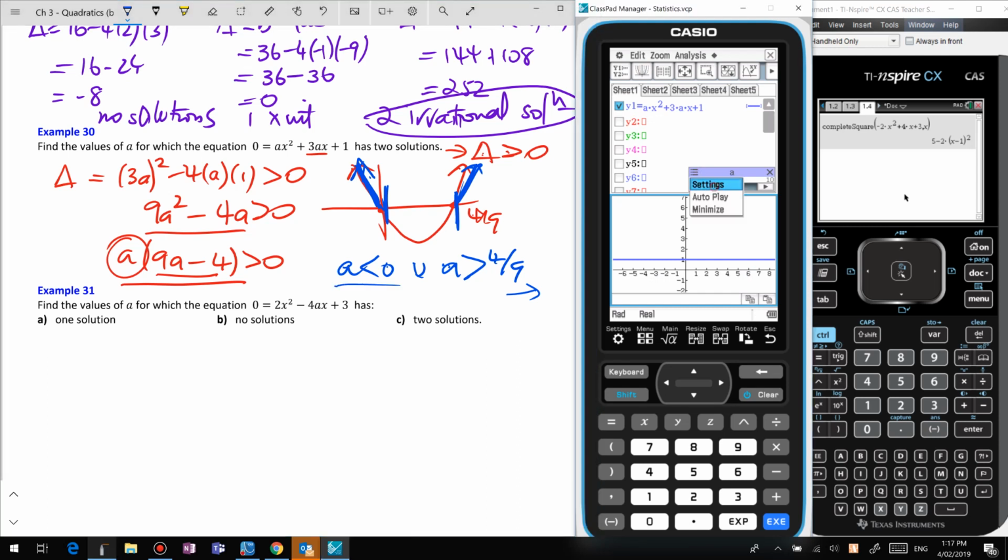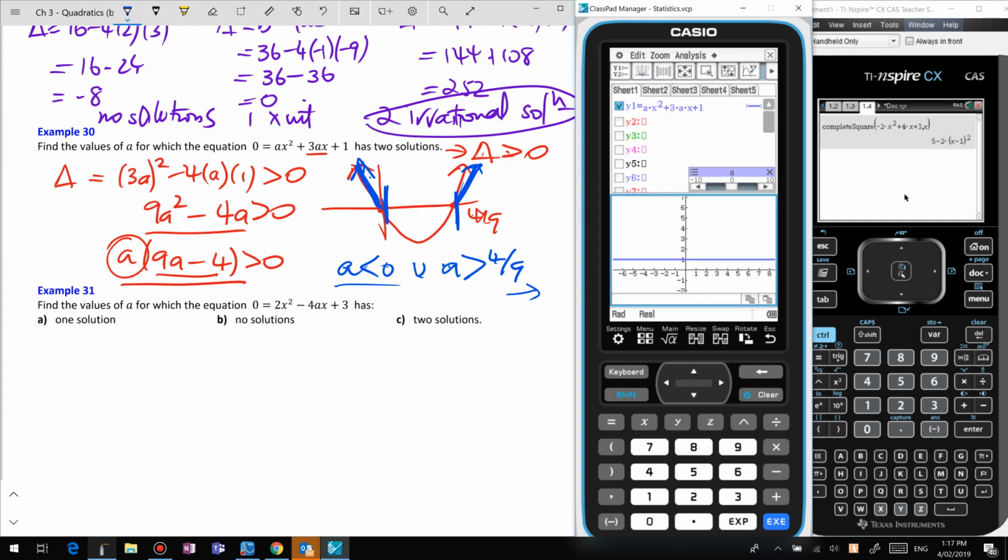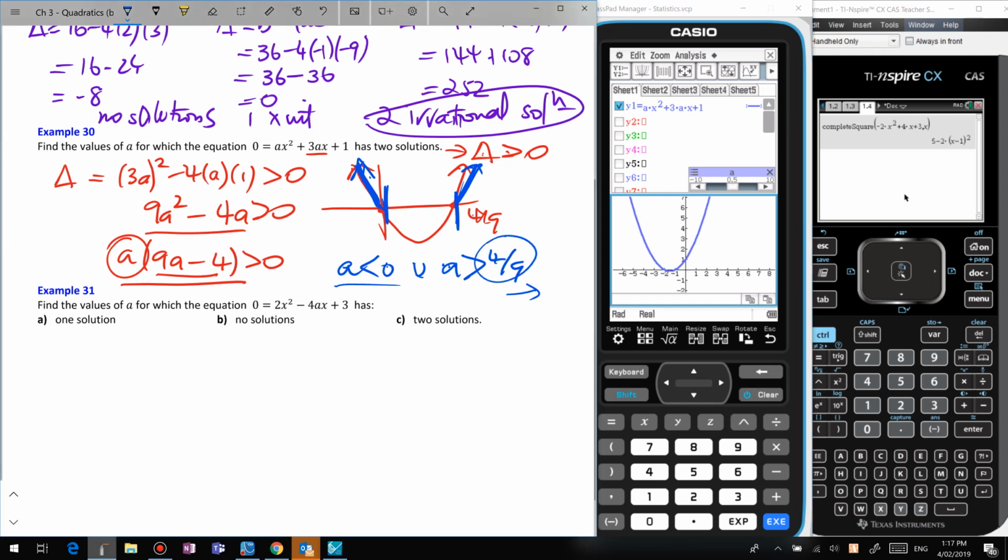So let's make it go up by 0.1. Okay, if I go up, can you see I've got no solutions at 0.1, no solutions at 0.2, no solutions at 0.3, no solutions at 0.4. At 0.5 I've got 2 solutions, because 0.5, that's above 0.44 recurring.